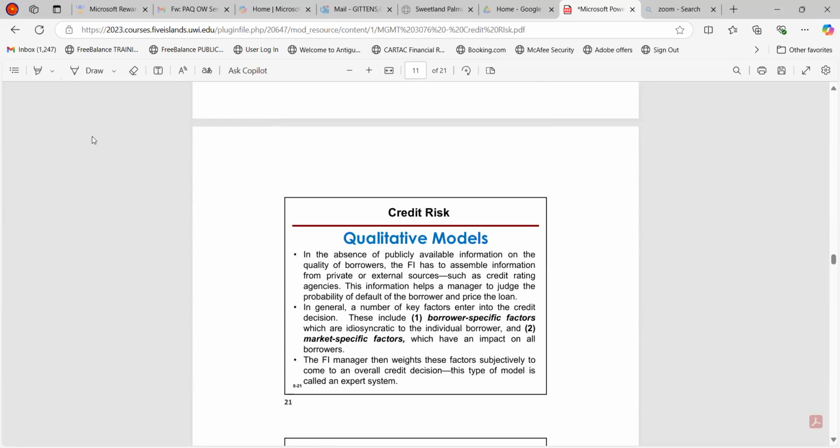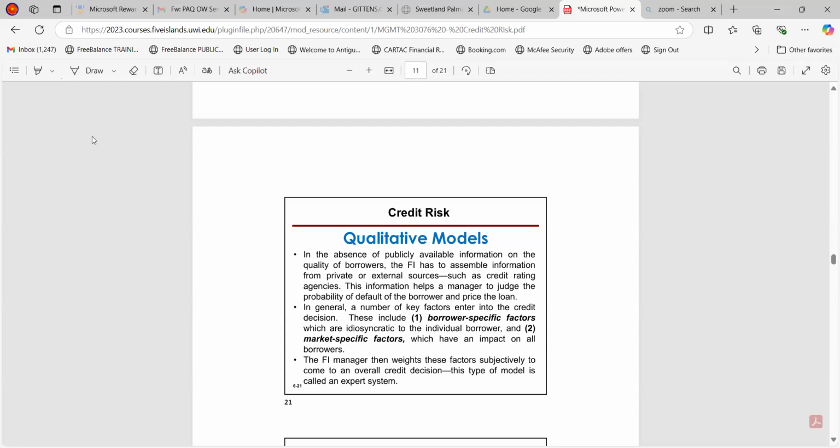If the financial institutions do not have information available to them in the public, like if they don't have a credit bureau, then they have to pull information together. They may get information from the credit agency, from the credit bureau. They're going to get information that they have internally on particular borrowers.